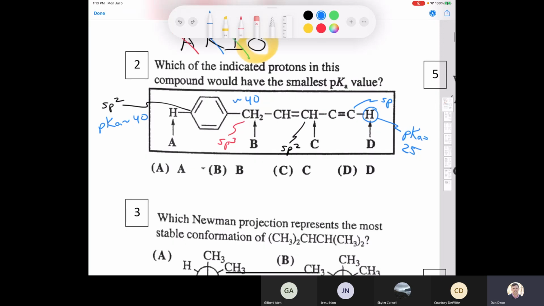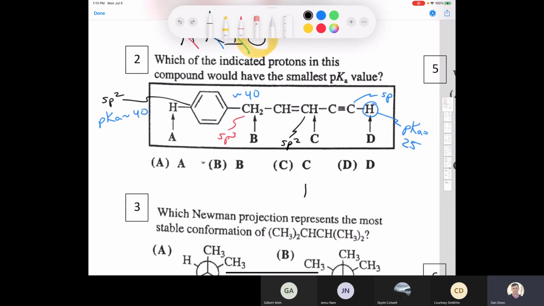But remember that we saw very often in organic chemistry that you can produce an alkynide ion very easily just by treating this with sodium amide. So this is definitely going to be the most acidic proton, and therefore it has the smallest pKa value. Smallest pKa value means most acidic.